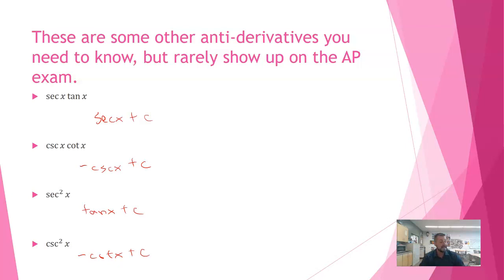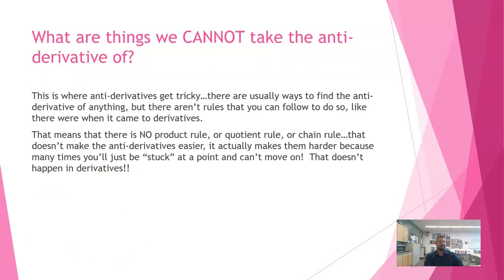And what I mean by that is if you see anything else show up, you don't know how to take the antiderivative of that. Now, obviously, people are pretty smart, and they figured out ways around that. We will talk about some of those as we get a little bit further into the class. But know that that is what is going on with these antiderivatives. We have to find functions that we recognize how to find the antiderivative of.